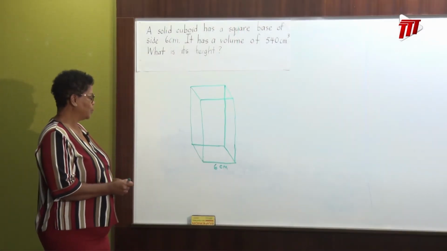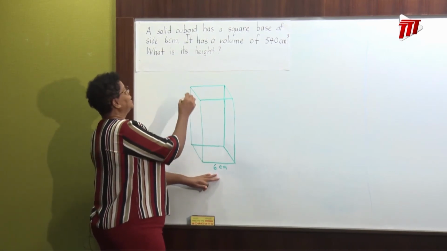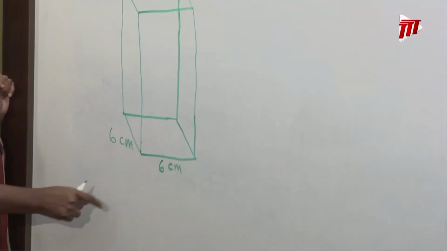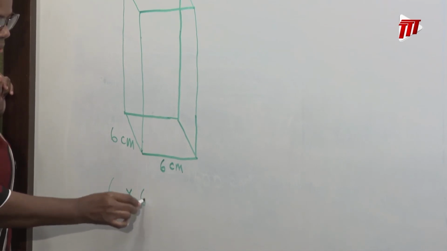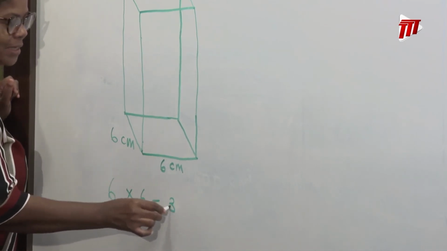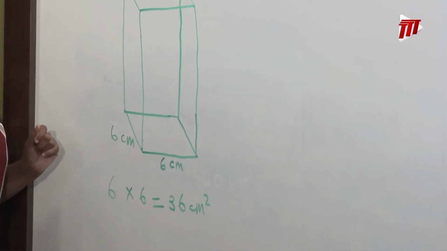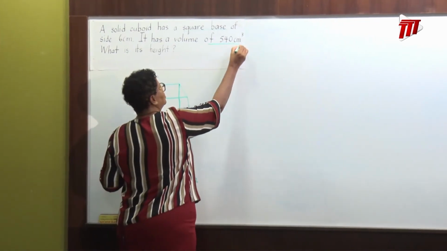So what do we know? We know that it has a square base. So the area of the base is 6 centimeters multiplied by 6 centimeters, which is equal to 36 square centimeters. They also gave us the volume.